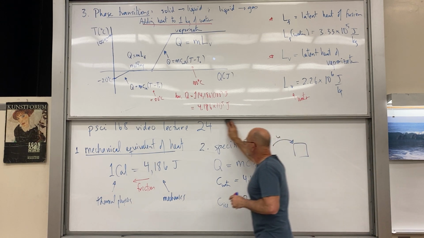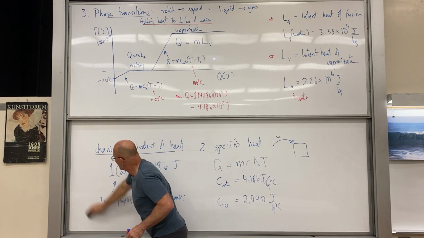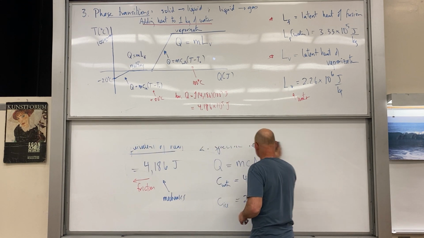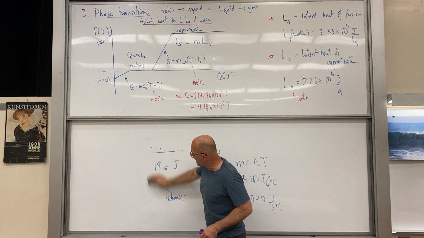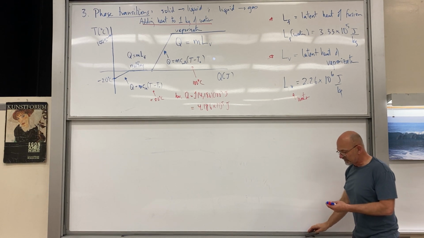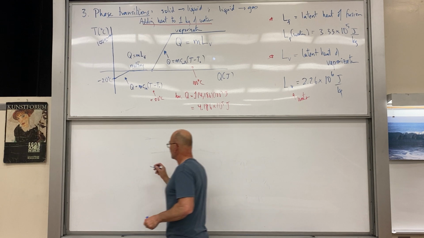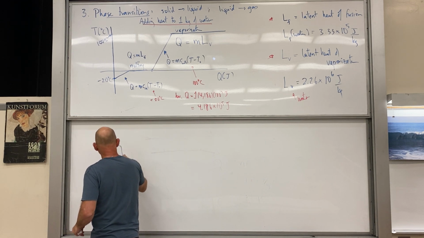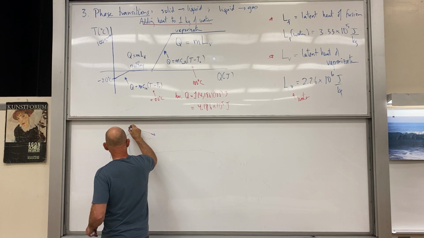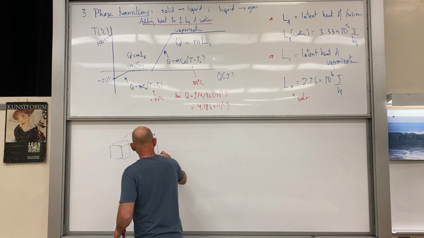Good. Now, the reverse process. This I'm going to do with that cartoon I had on the board the other day. This is as good a way as any. So we've got the block of ice, and then we add heat, and it melts.